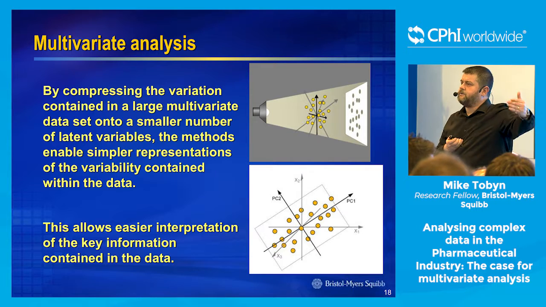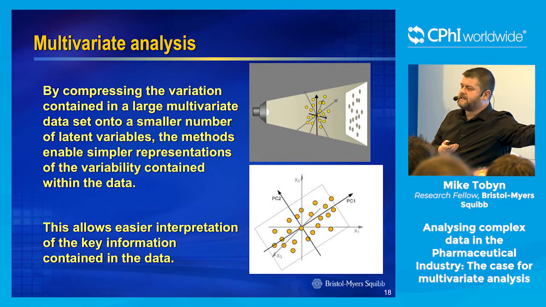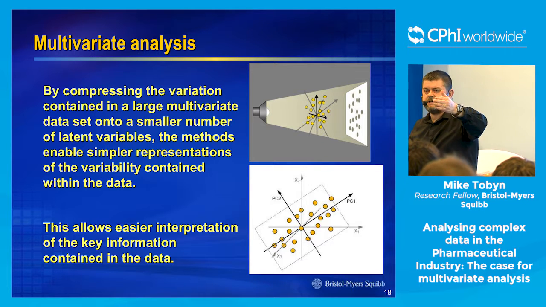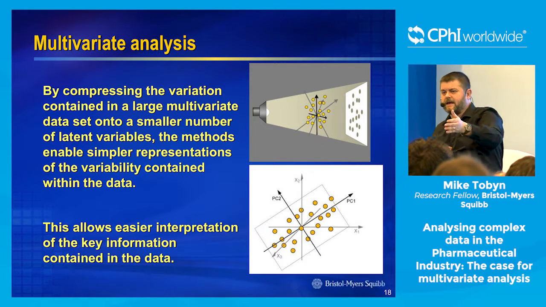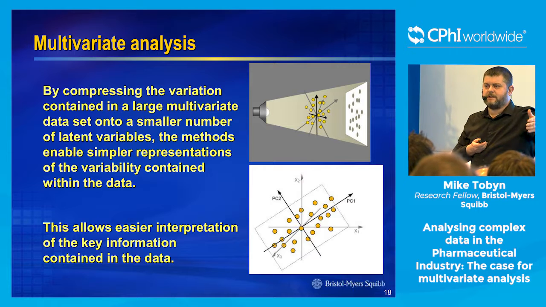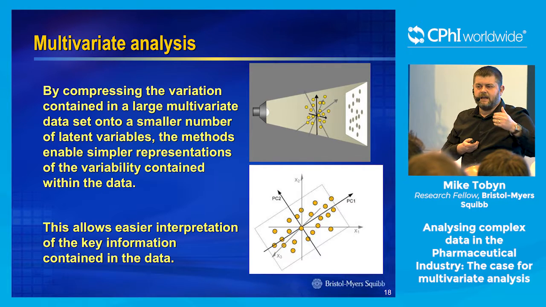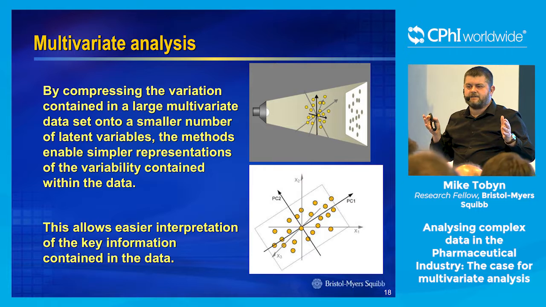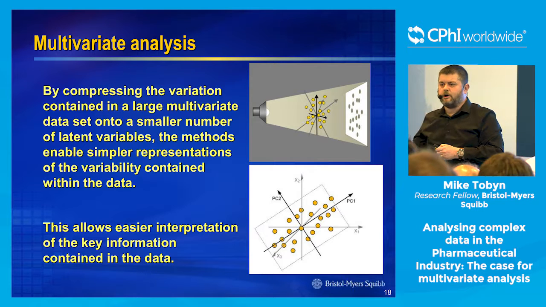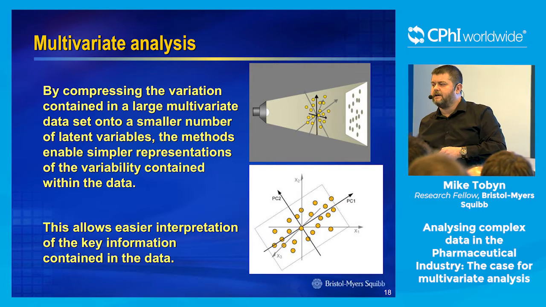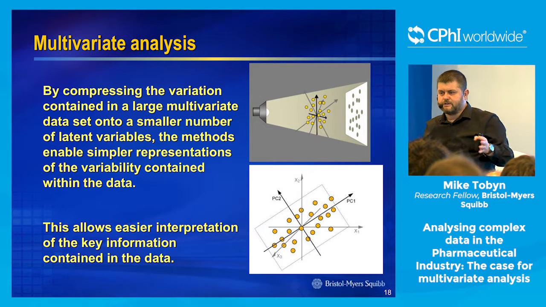These techniques were developed in the last century. They gradually moved into some manufacturing industries. John McGregor and people like that moved them into the paper industry and the oil industry. And then over the last 10 to 20 years, they've gained adoption within the pharmaceutical industry.